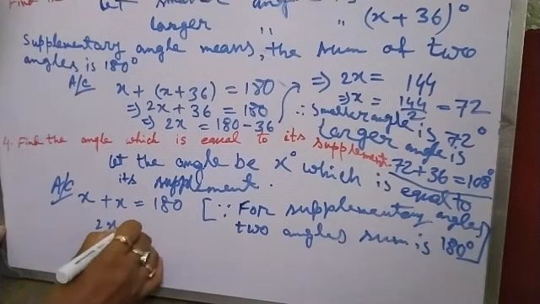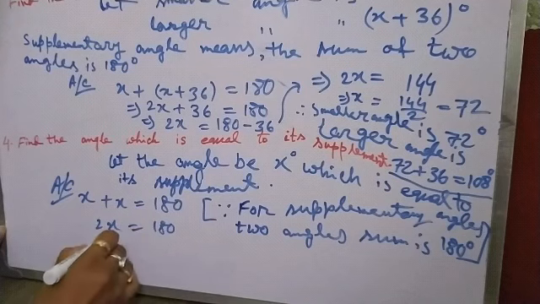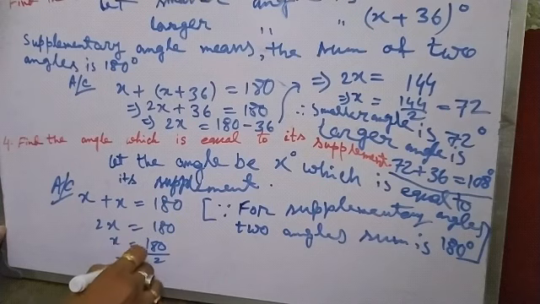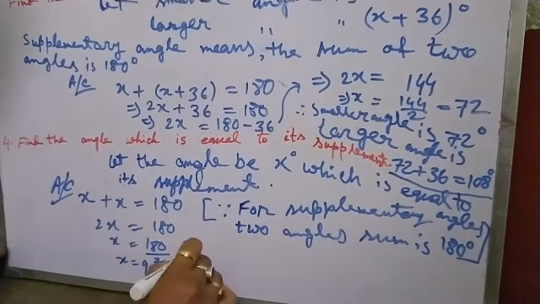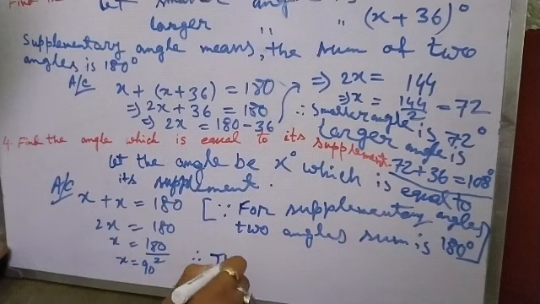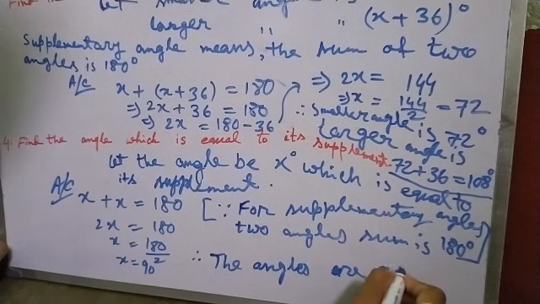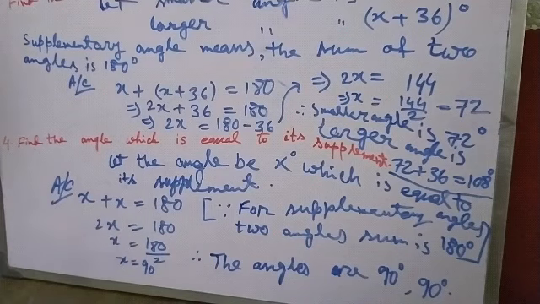Then 2x equal to 180, then x equal to 180 by 2, that means x equal to 90. Therefore, the angles are 90 degree and 90 degree. Both the angles will be 90 degree.